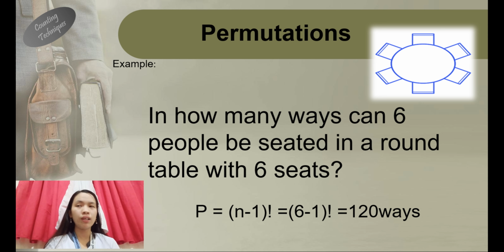So, it is equivalent to 5 factorial. 5 factorial is equal to 5 times 4 times 3 times 2 times 1, which is equal to 120. Therefore, we have 120 ways.